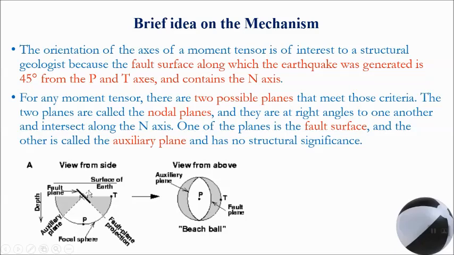This plane, which is perpendicular to the fault plane, is called the auxiliary plane. So although we get the fault plane from the FPS solutions like the P, T and N axes, there is one more plane which will come from these solutions, and these two planes are called nodal planes.